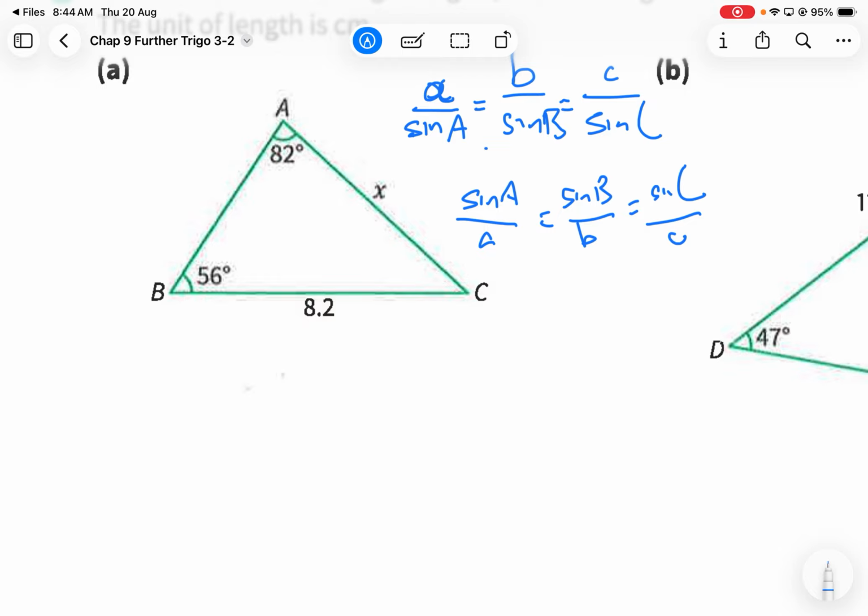So how we do it is, I put my unknown x. The corresponding angle is 56. They form a pair. So x over sine 56 is equal to 8.2, also a side. I put side on top, then I must also put the known pair, the side on top, over sine 82.